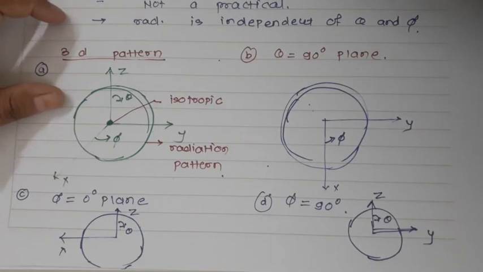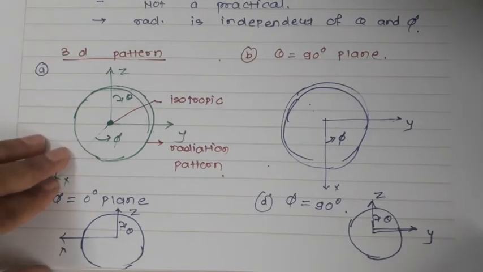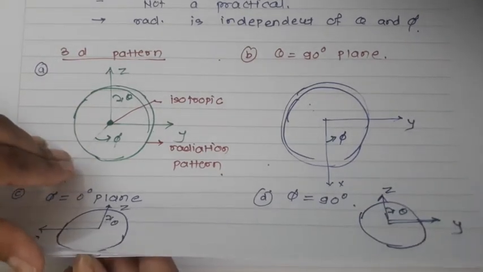Now let us talk about the practical antenna, which is nothing but the directional antenna. When we talk about the directional antenna and its radiation pattern, the definition is: an antenna which radiates a larger amount of power in a particular direction is called a directional antenna.